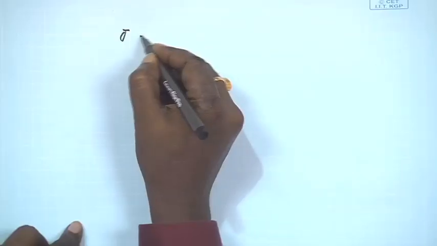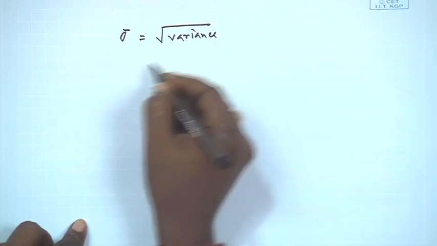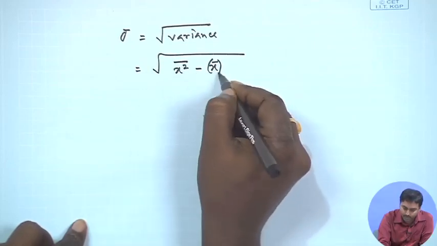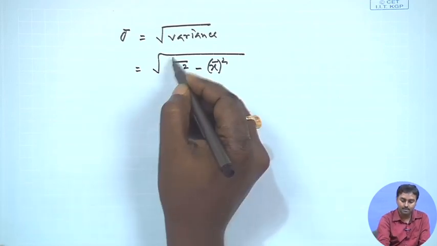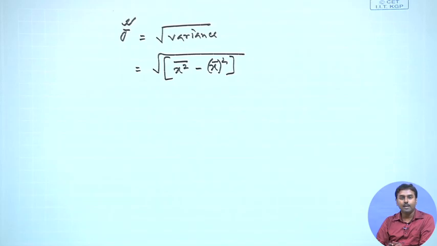Okay. So, that is characterized by sigma, often the square root of variance, or the square root of x square bar minus x bar whole square, right. So, this is how you get this sigma. This was the sigma which we were characterizing for the Gaussian. You remember there were two parameters for the Gaussian distribution. One was the mean, which is x bar.